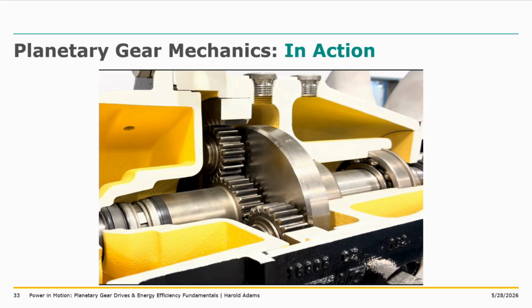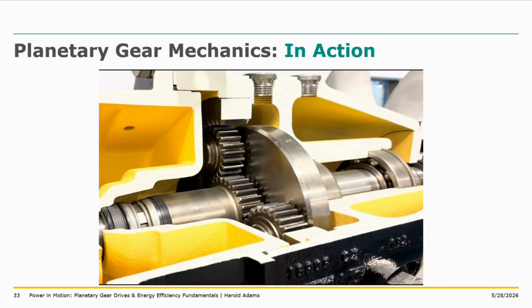The sun gear, again, as we learned earlier, is responsible for the directional rotation of the equipment, and the planetary gears hence are orbiting around the sun gear, and are held in place by the ring gear.